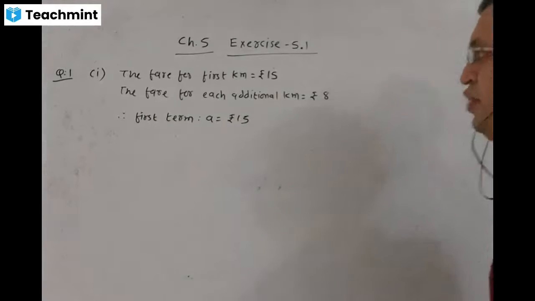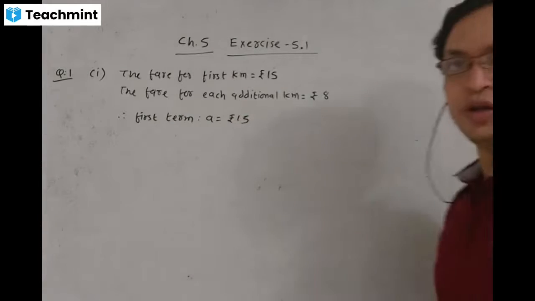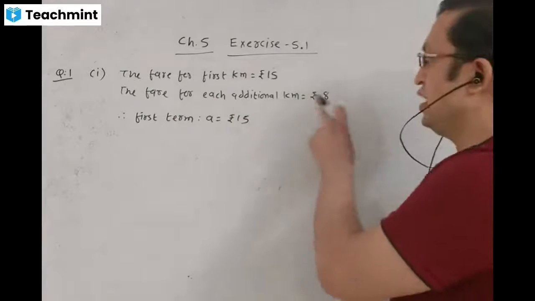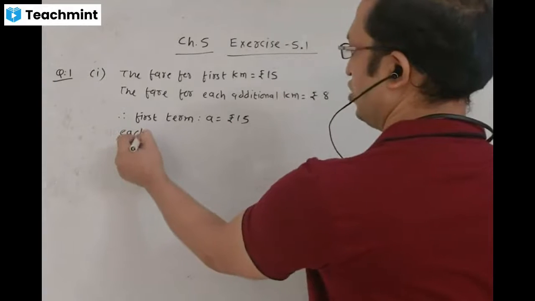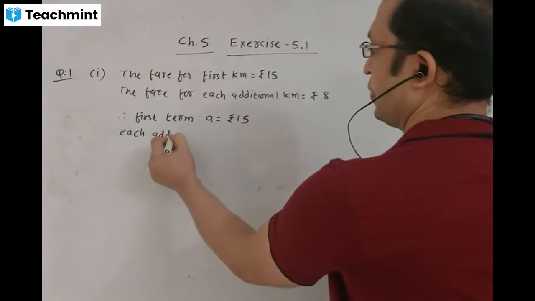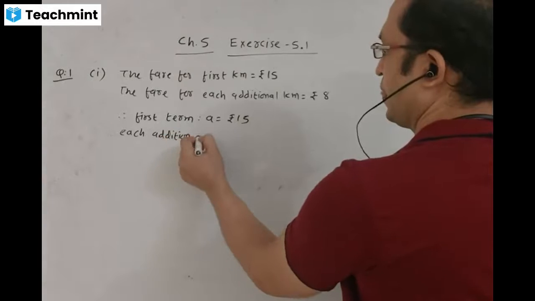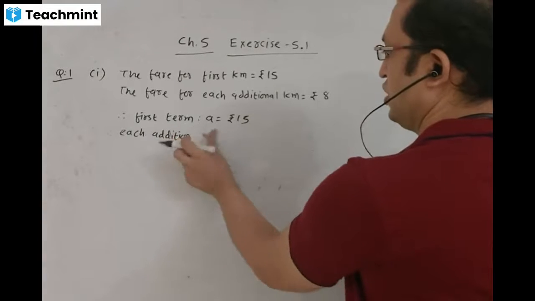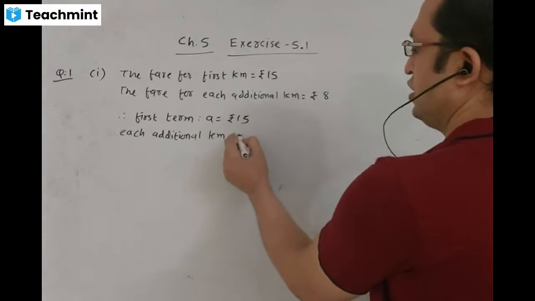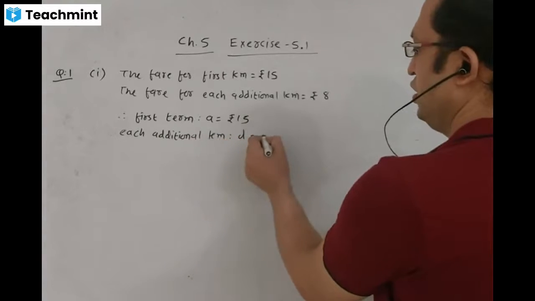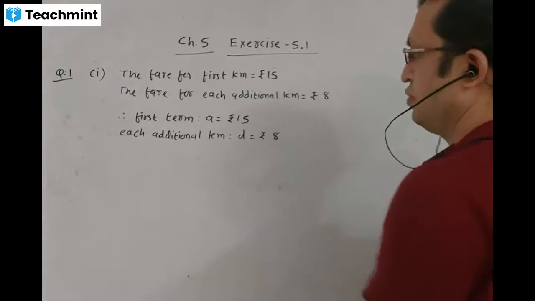And the fare for each additional kilometer is rupees 8, that is the common difference D is equal to rupees 8.